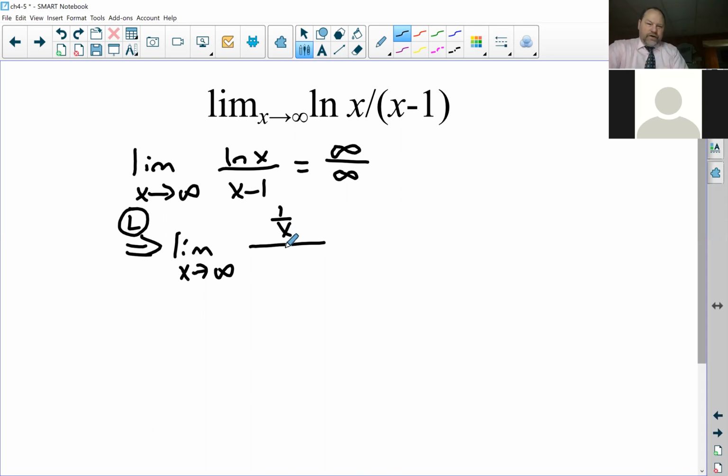And the derivative of x minus 1, I'll help you with that one, that's a tough one, I know, is 1. If I plug in infinity now, 1 over x as x approaches infinity goes to 0, and the denominator is just 1. 0 over 1, that's okay. It's not an indeterminate form. 0 over any constant is just going to be 0.